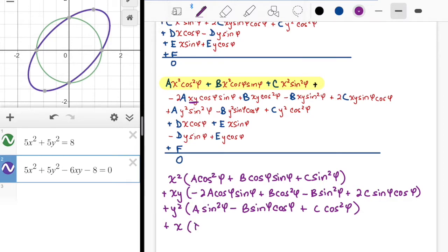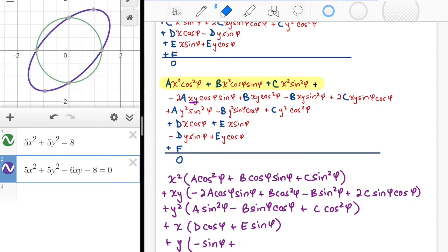For the next one, I can pull out an x, which is just going to be d cosine phi plus e sine phi. Pull out a y. So negative sine phi plus negative d sine phi plus e cosine phi.